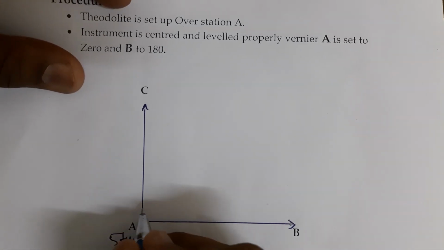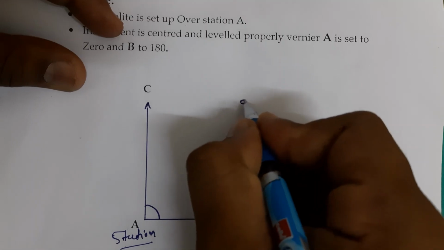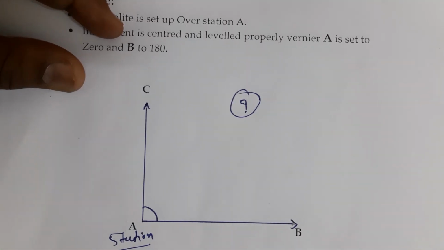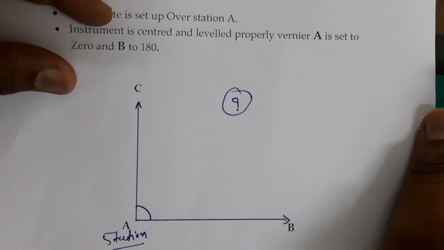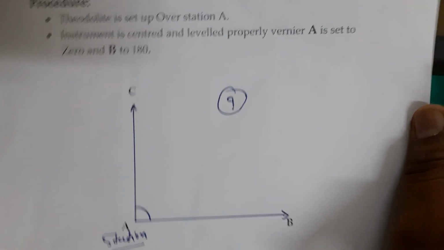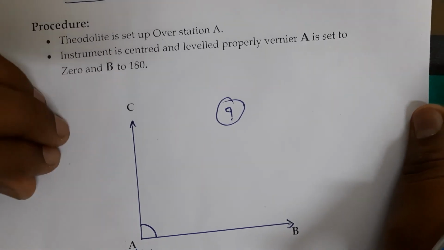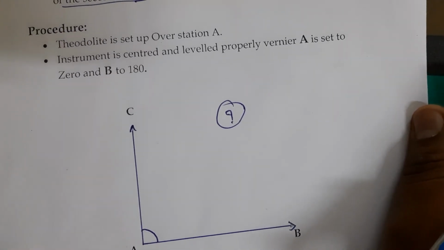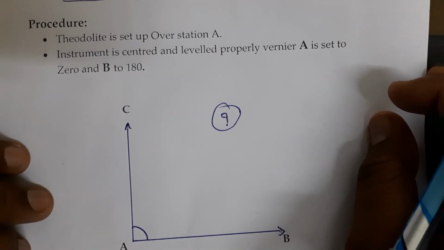Now we need to measure this angle, which is the question mark, using the repetition method. The repetition method itself says that we need to repeat the procedure, measuring the angle several times.